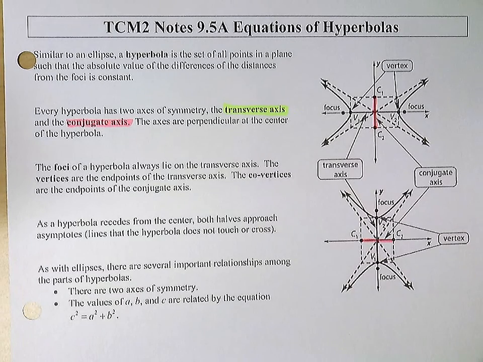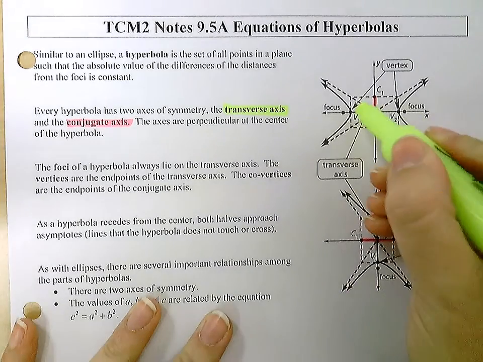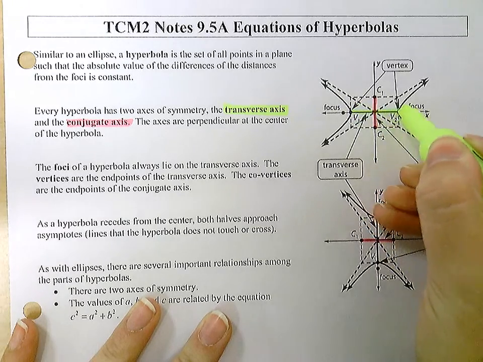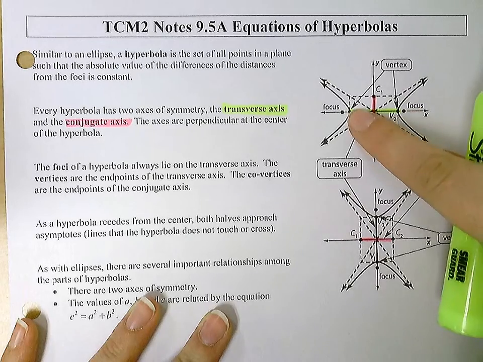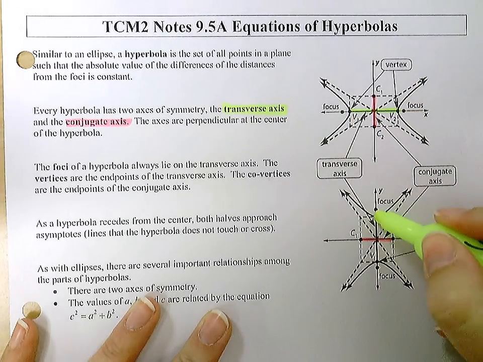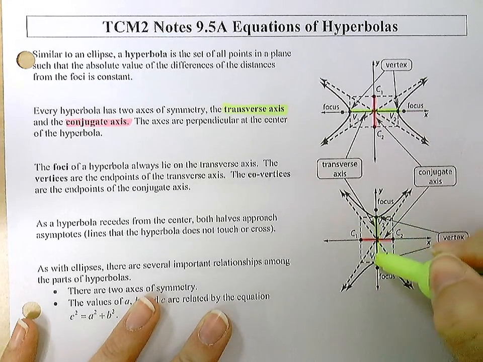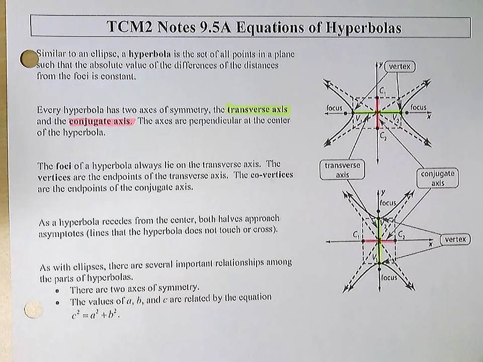Your transverse axis is the longer one, between your vertices. Both of these points are vertex points. Your transverse axis is between those two.